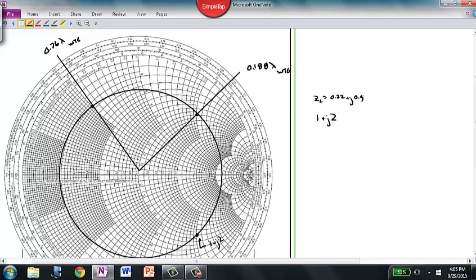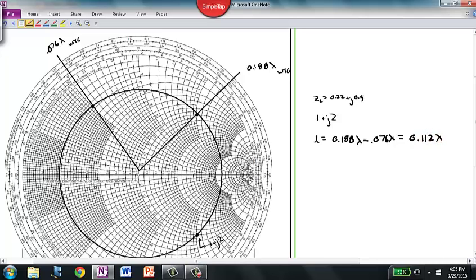What we need to do is we'll find the length of transmission line by subtracting this number from this number. So that's 0.188 lambda minus 0.076 lambda, and that gives us a value of 0.112 lambda.